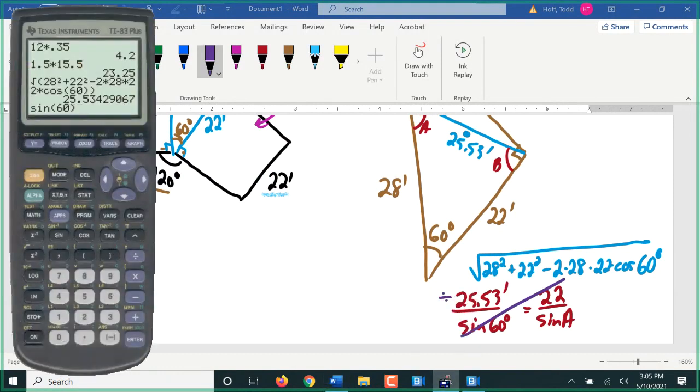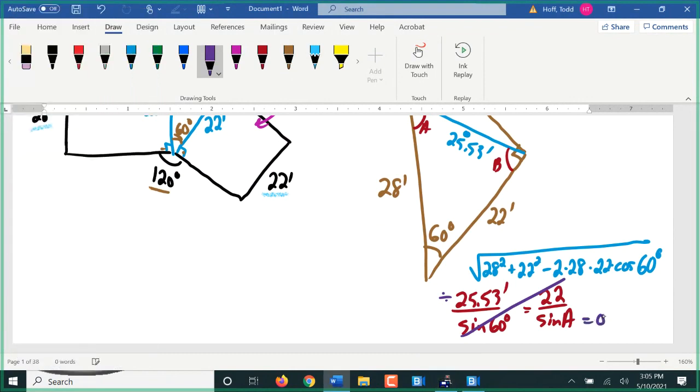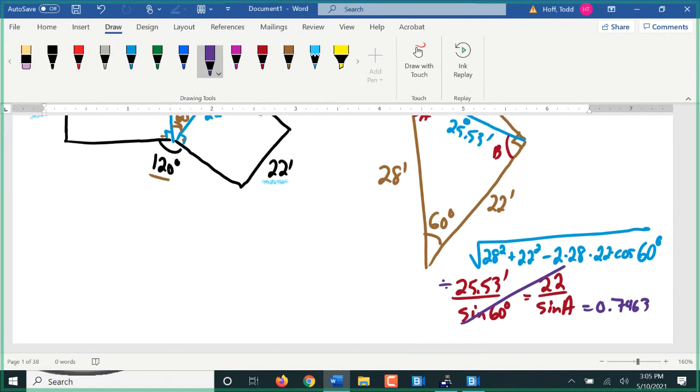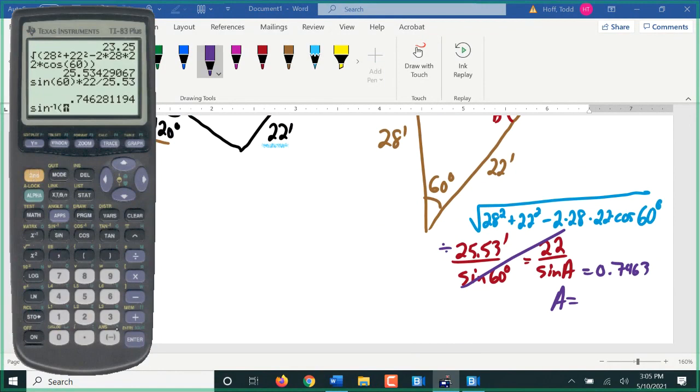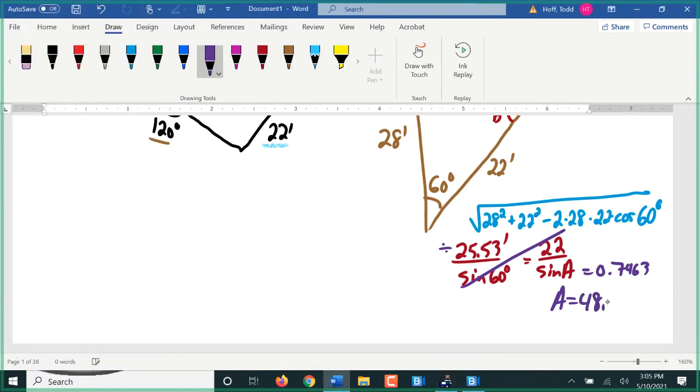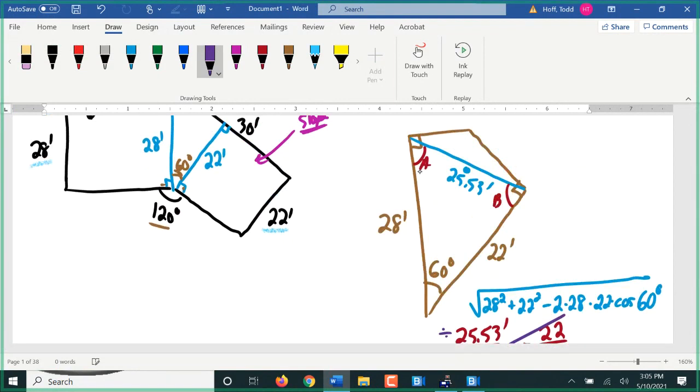Sine of 60, make sure you close that with the parentheses, times 22 divided by 25.53 is 0.7463. And we do an inverse sine. That number to get that angle, A, is 48.27 degrees. Angle A up here is 48.27 degrees.